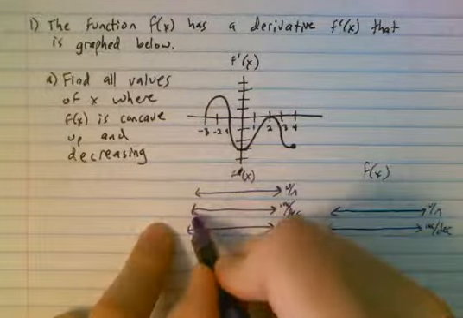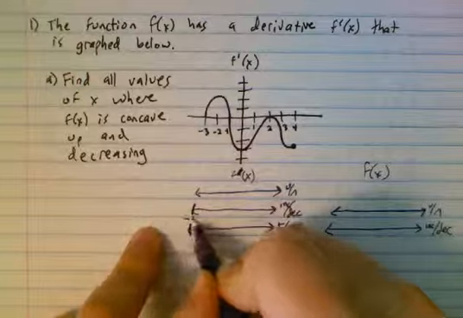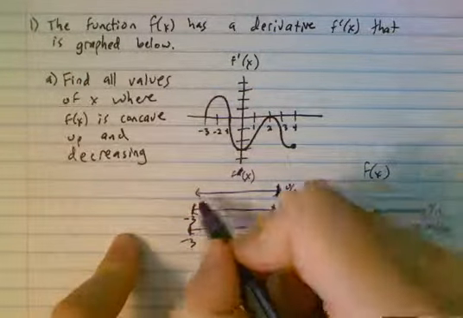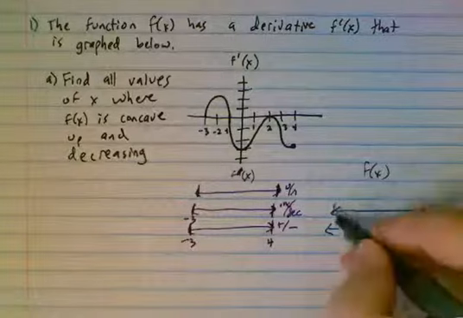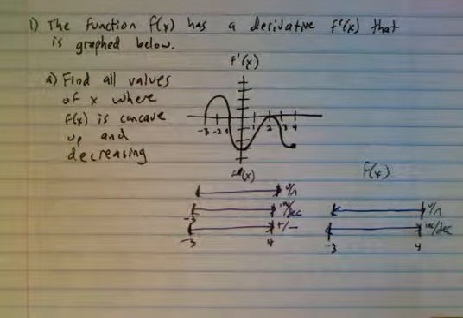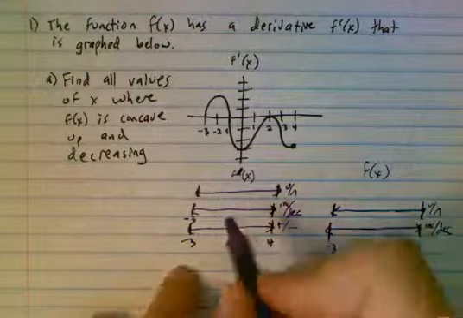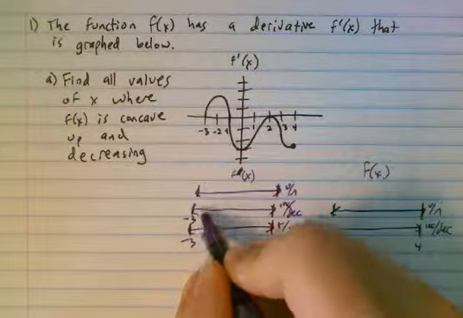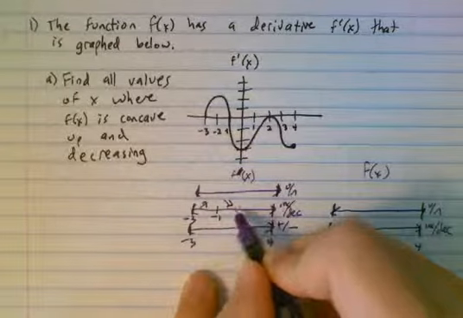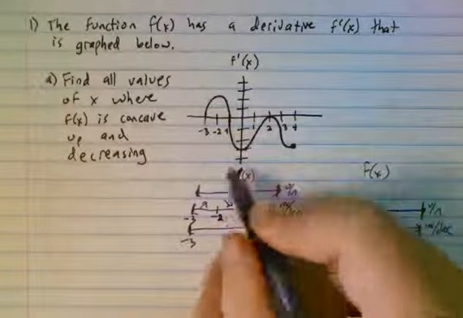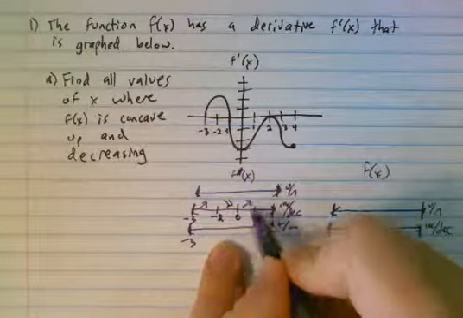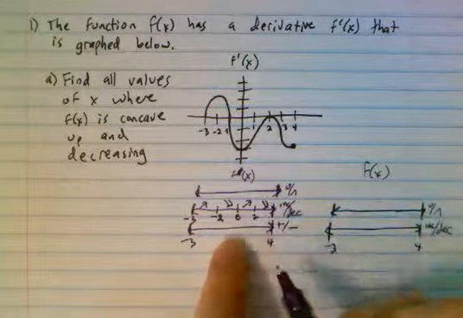Okay, increasing, oh, these actually should be ending at -3, 4, alrighty, increasing from -3 to -2, decreasing again until 0, increasing to 2, decreasing to 4.